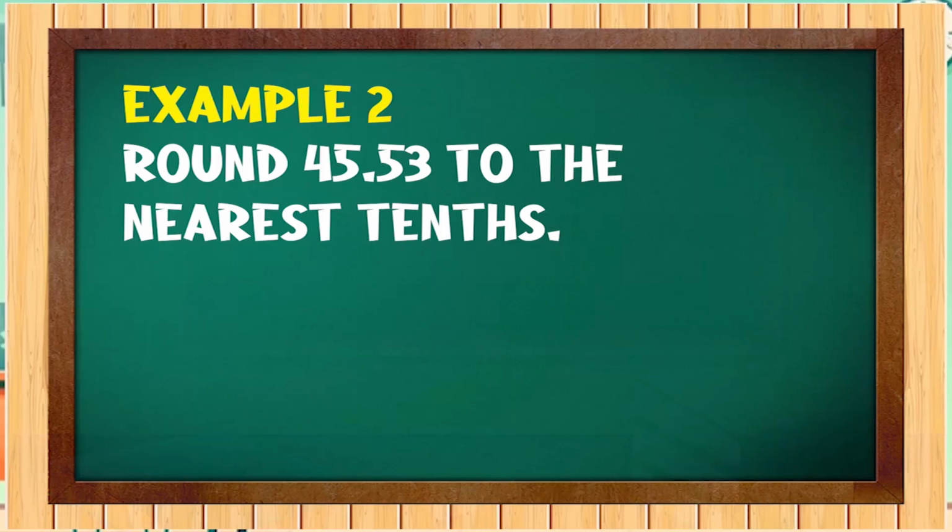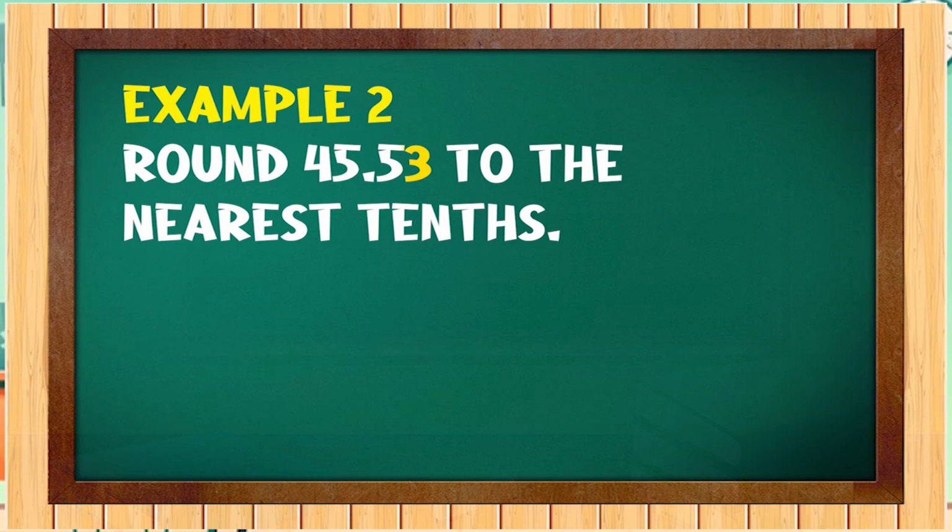Boys and girls, let's look at another example. Round 45.53 to the nearest tenths. What do we look for when we're rounding to the nearest tenths? We look for the number in the hundredths place, or the number that is hitting at the back door. In this case, the number in the hundredths place is 3. Is 3 more than 5, or is it less than 5? 3 is less than 5.